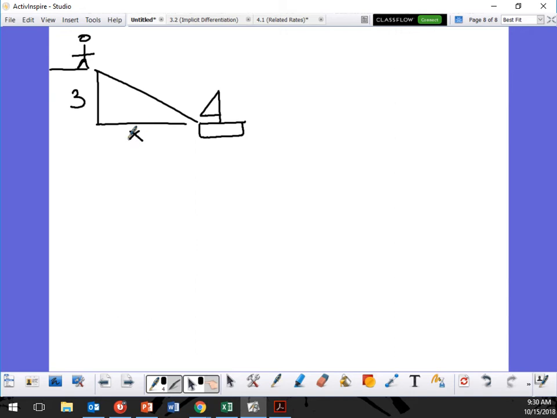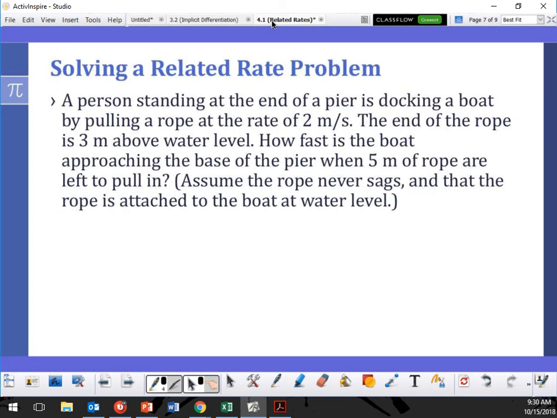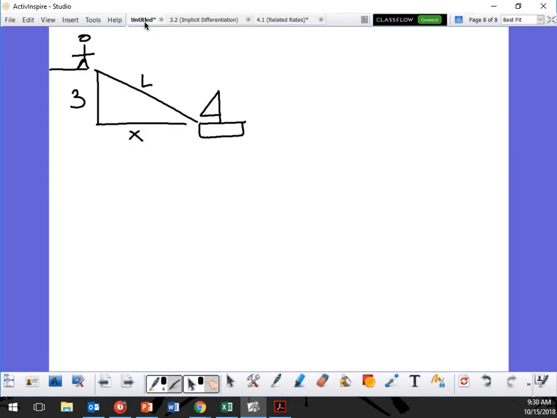This is going to be x, and let's call that one L. Okay, it's asking for when 5 meters of rope are left to pull in. So 5 meters, so that means that, so it's pulling it this way, right? So it's going this way. So it's pulling it that way. So it's asking when L is equal to 5.